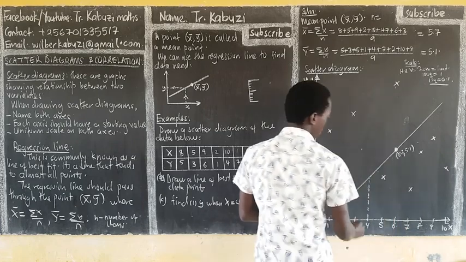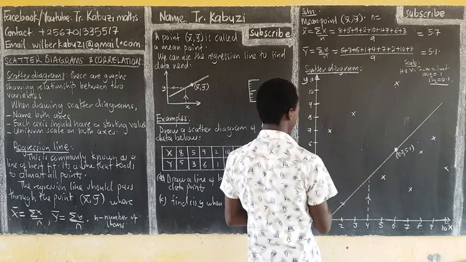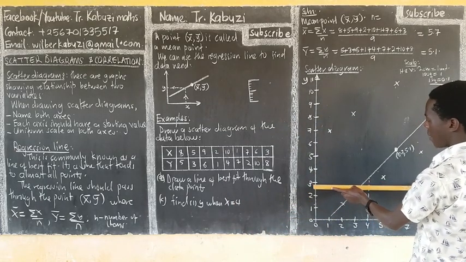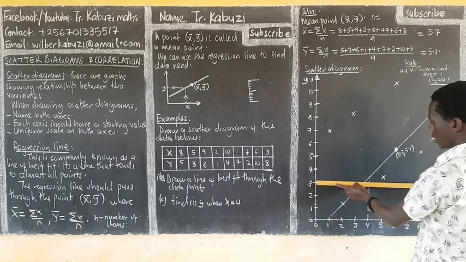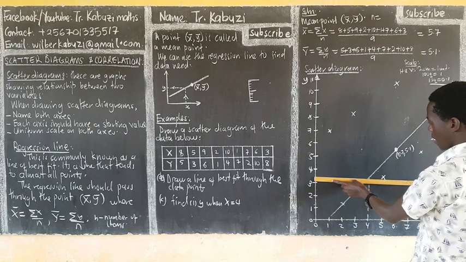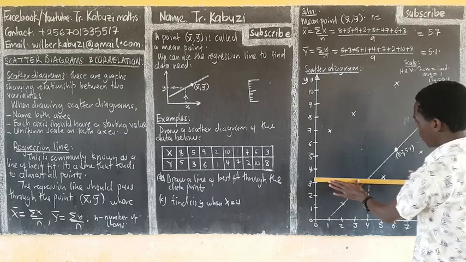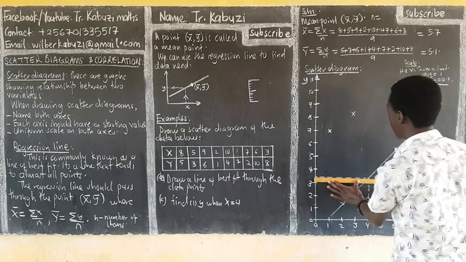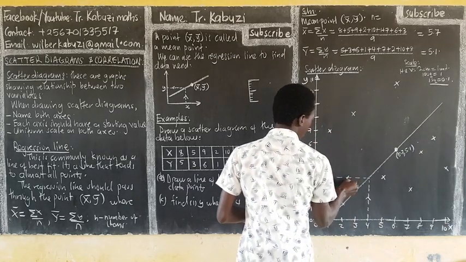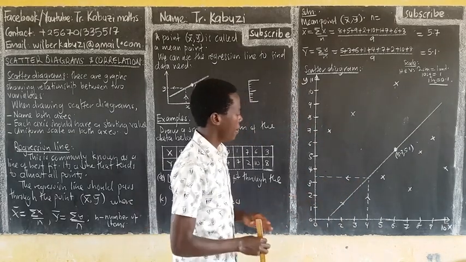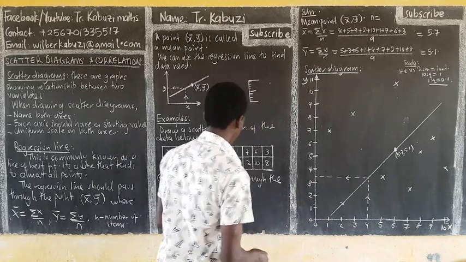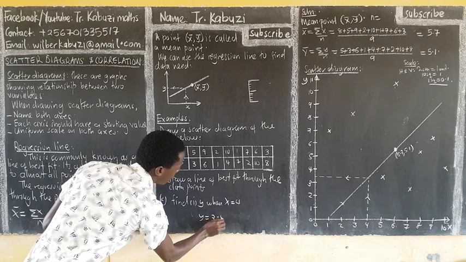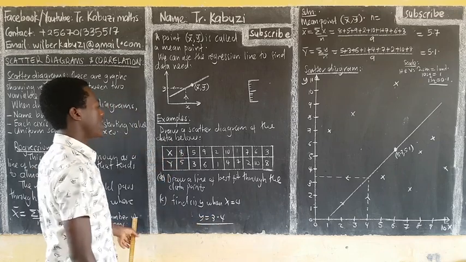So when x is 4, you read like this, you want to read the value of y. So this will be the value, it's going to be 3.4. So you can say y is going to be 3.4. That will be our answer.